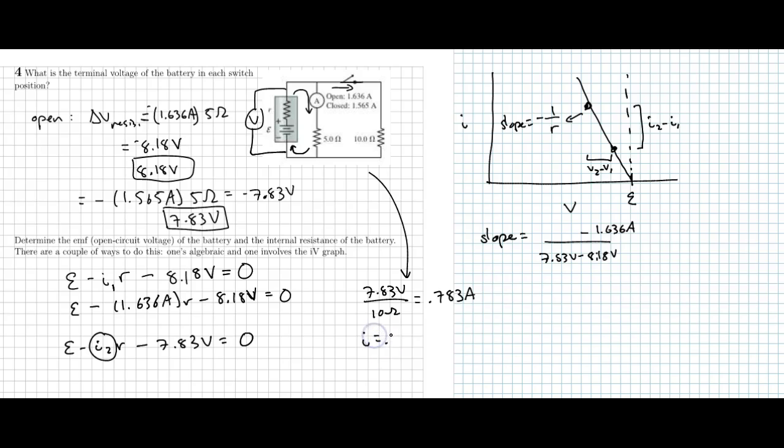So I is 0.783 amps plus 1.565 amps, which is what we had in the other branch. That's 2.348 amps.